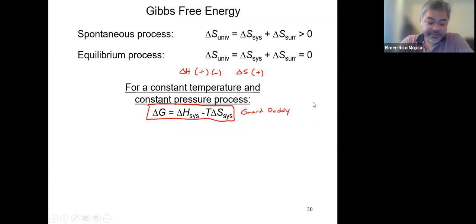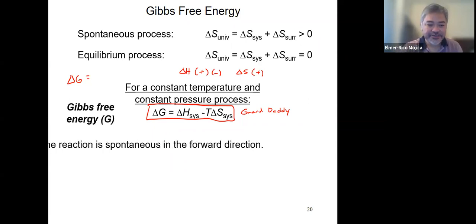And that is the Gibbs free energy. And now, with the delta G, we can predict if a given reaction is spontaneous or not. How?